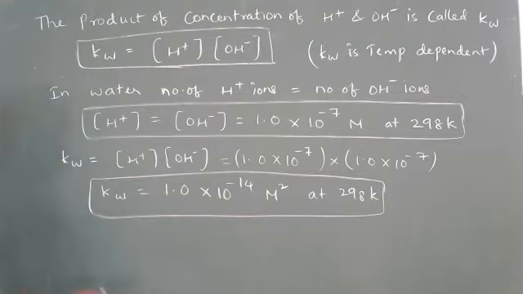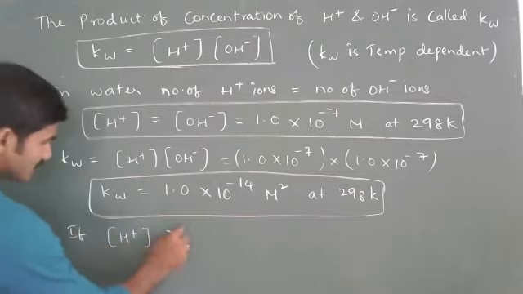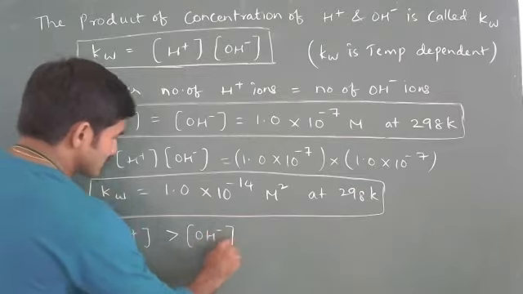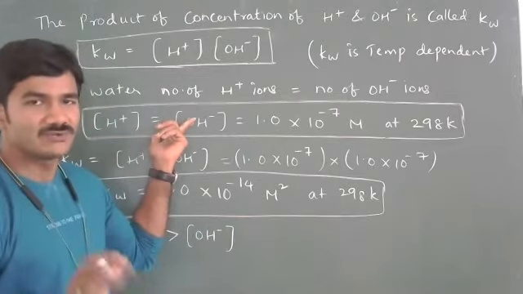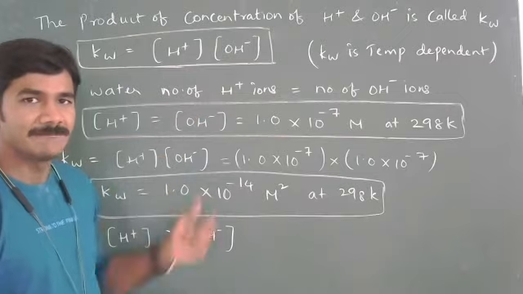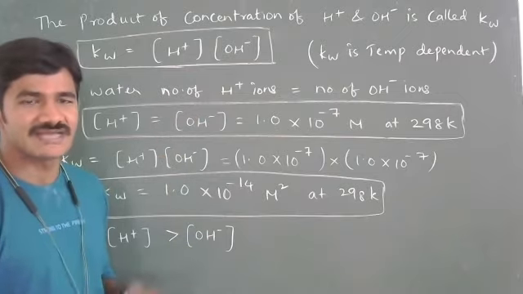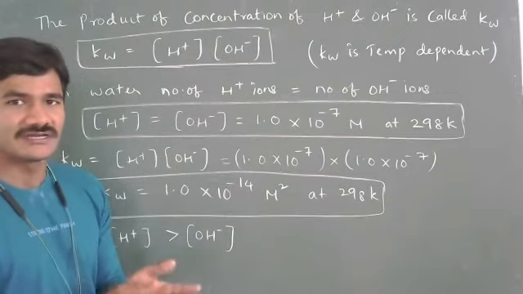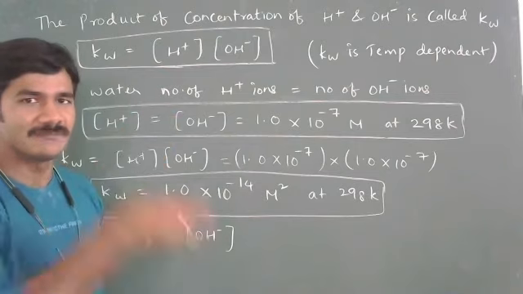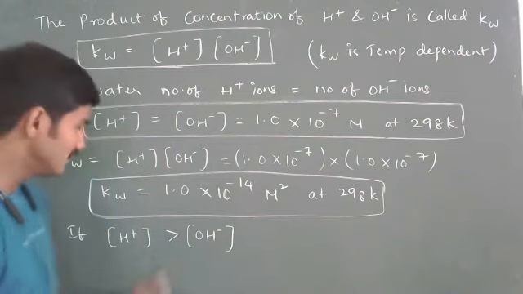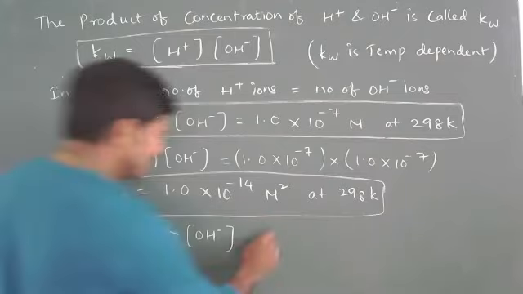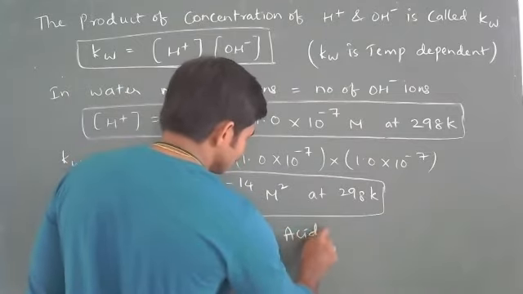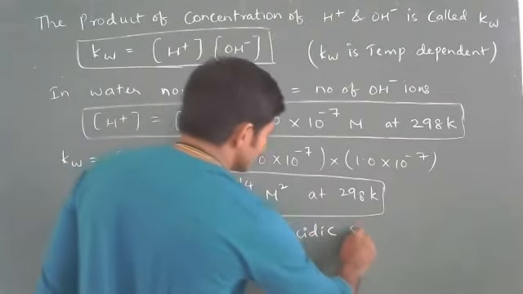Now you see, I told you that in pure water they have the same concentration. But if you take water and add a few ml of acid, the H plus concentration becomes more compared to the OH minus ion concentration. Then it is an acidic solution.